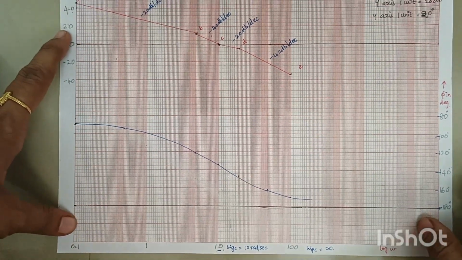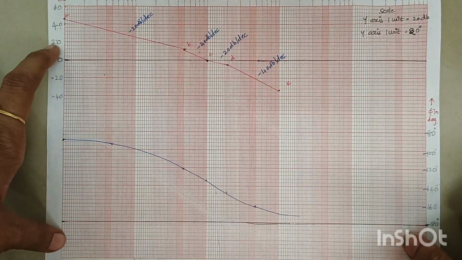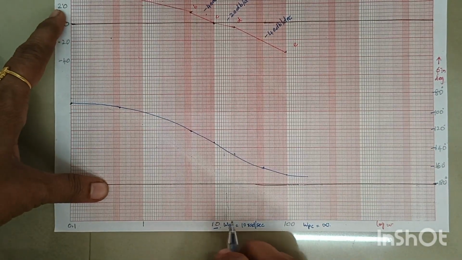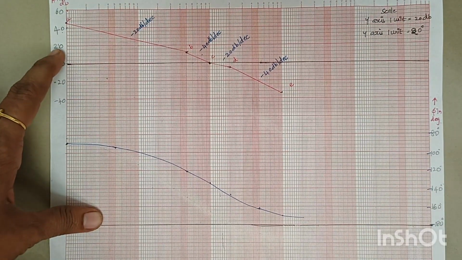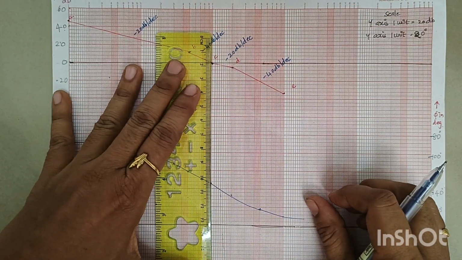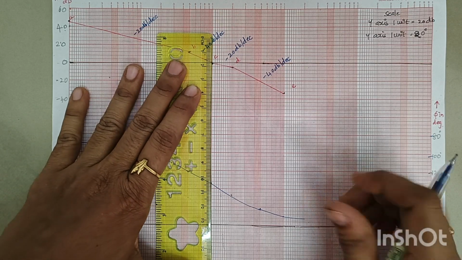Now we are going to calculate the respective phase margin as well as gain margin. So we know the value of gain crossover frequency, right? So at this frequency, you just draw a line here. So from this point, we are going to draw a line, right?